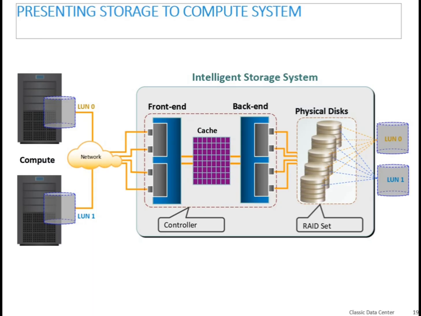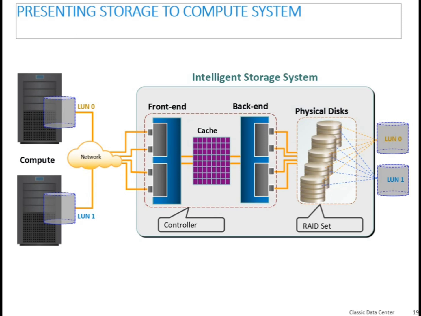Logical units are created from the RAID set by partitioning the available capacity into smaller units. These units are then assigned to the compute system for their storage requirements. Logical units are spread across all the physical disks that belong to that set. Each logical unit created from the RAID set is assigned a unique ID called a logical unit number, that is LUN. LUNs hide the organization and composition of the RAID set from the compute system.